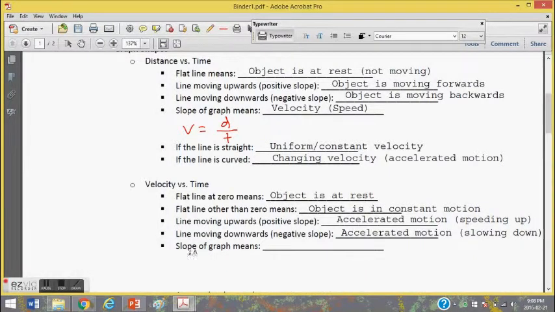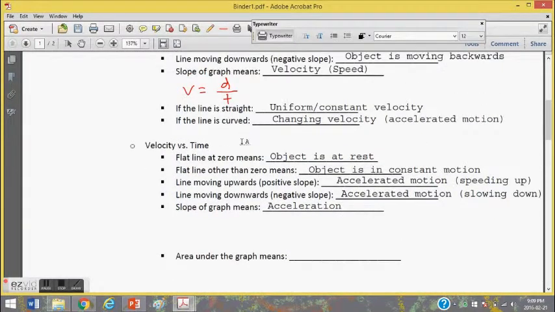And the slope of this graph tells us the acceleration. Okay, so if you look at, again, velocity versus time, we're going to have velocity divided by time. Hey, again, looking back at our formula sheet, acceleration is equal to the change in velocity over the change in time.